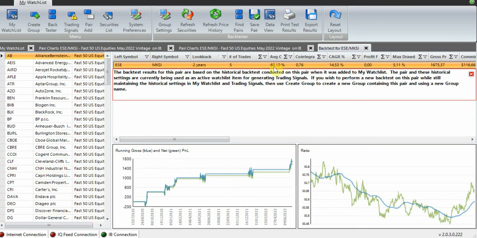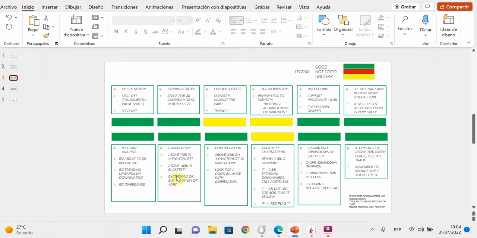So the combination of these two parameters is good enough, in my opinion, to go ahead with the trade. So we will mark both in green. Again, co-integration, when the signal was triggered, was at 0.90, which is above our threshold.